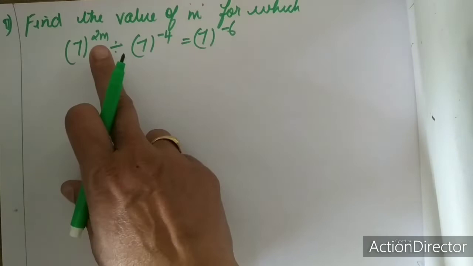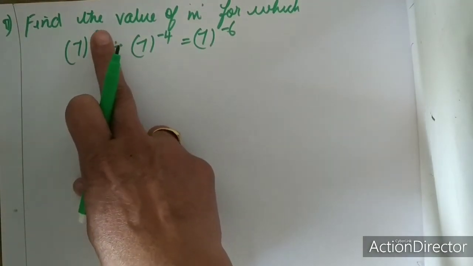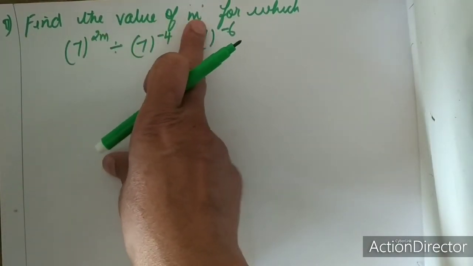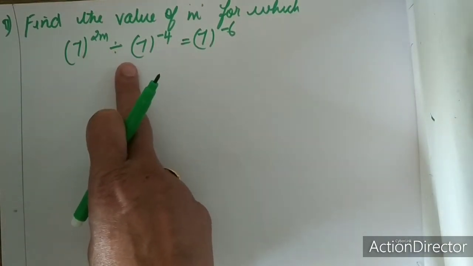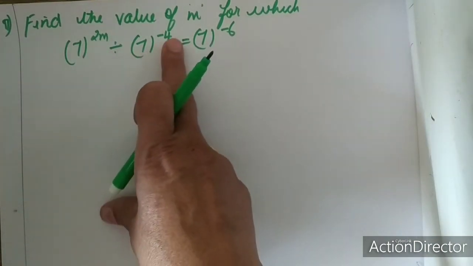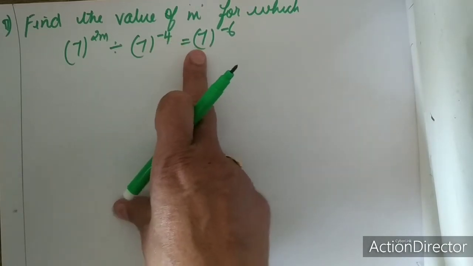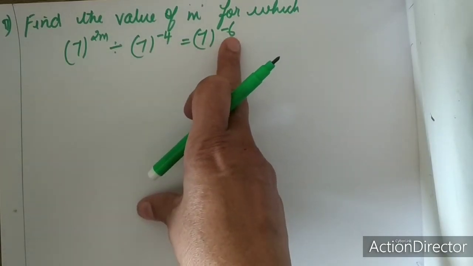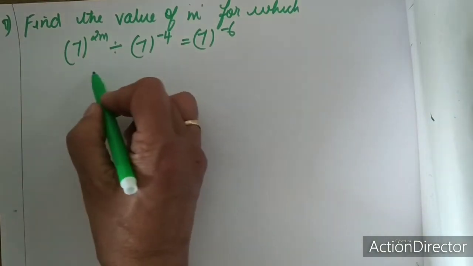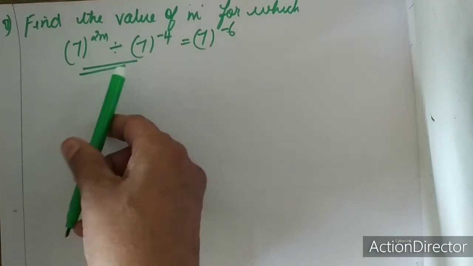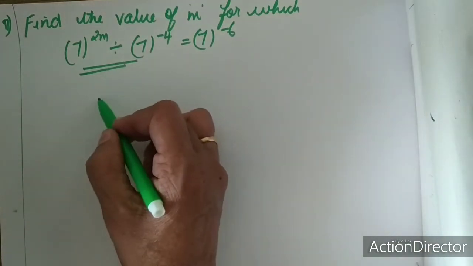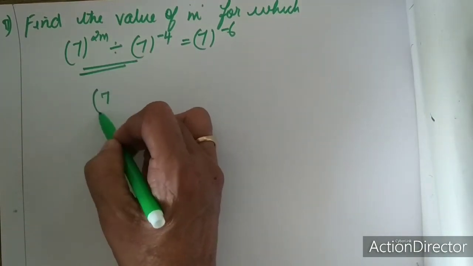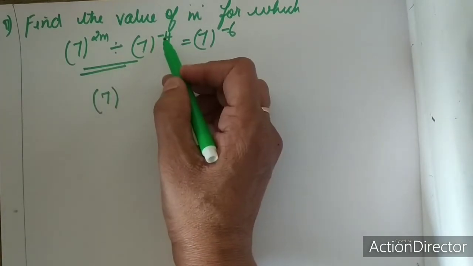Now let us see one more most important sum. Find the value of m for which 7 raised to the power of 2m divided by 7 raised to the power of minus 4 is equal to 7 raised to the power of minus 6. Since there is a division over here and the bases are the same, I am going to apply the division law. So what is the division law? First you write the base 7, power 1 minus power 2.